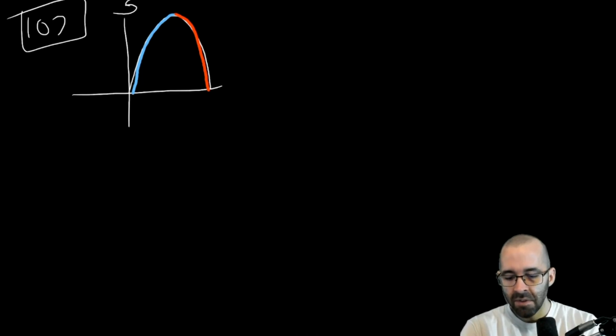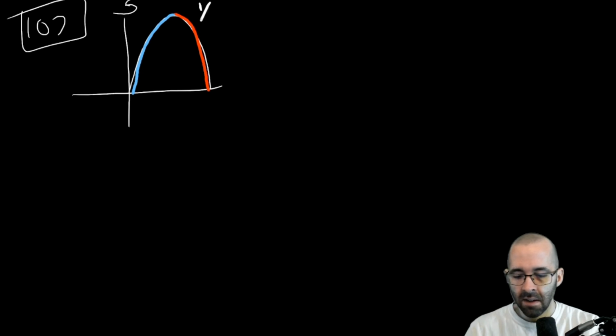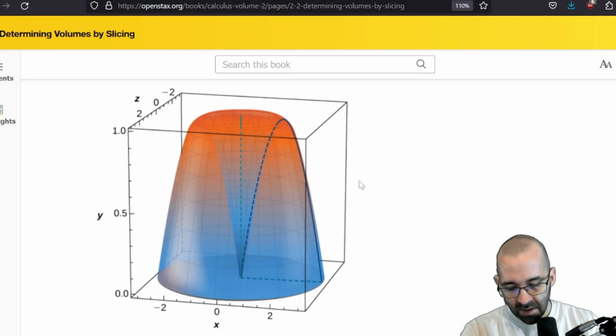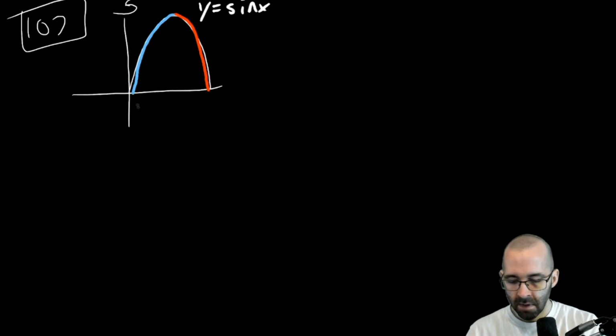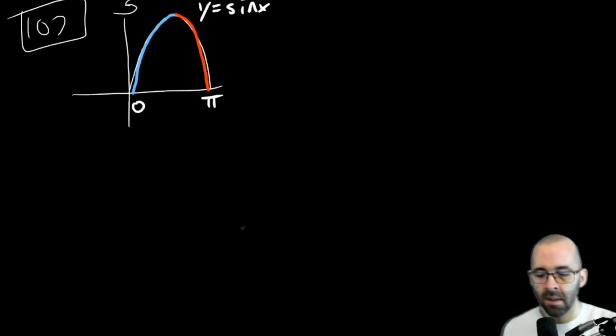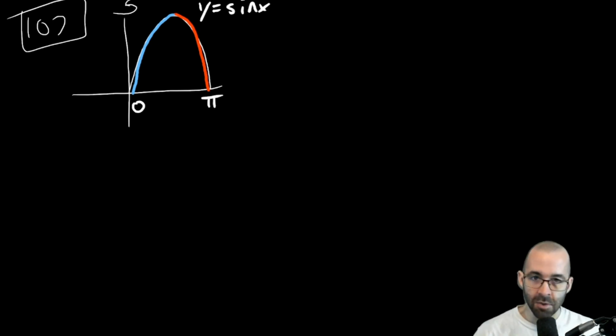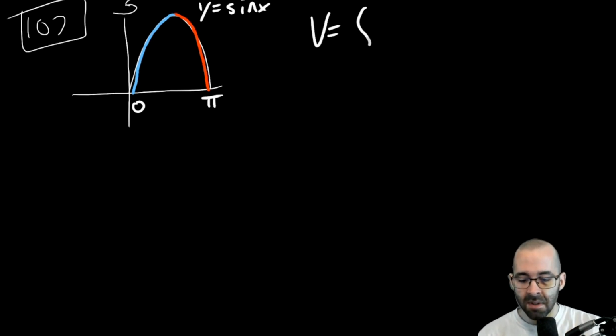So we know that this whole thing is y equals the sine of x. And does it tell us our limits? Yeah, from 0 to pi. This is 0, this is pi. Now, here's where things get tricky. What is the red in terms of x? Because we know this volume is going to be the integral over y from 0 to 1.